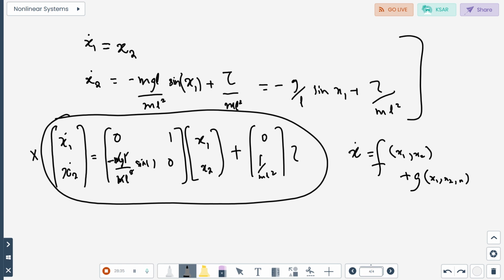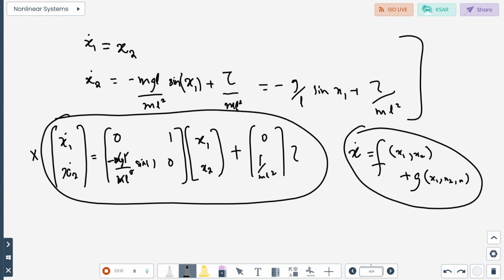So your state space form of a nonlinear system can be put like this: f of x1 x2 plus g of x1 x2 u, where f and g represent the functions that relate x dot with x1, x2 and u. So this is how we can derive the state space model of a nonlinear system. Now exactly we cannot find out the eigenvalues directly of the system without linearizing this system.